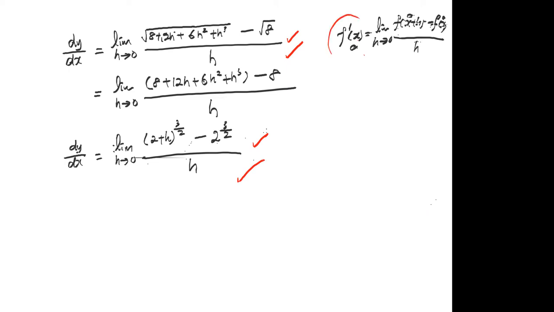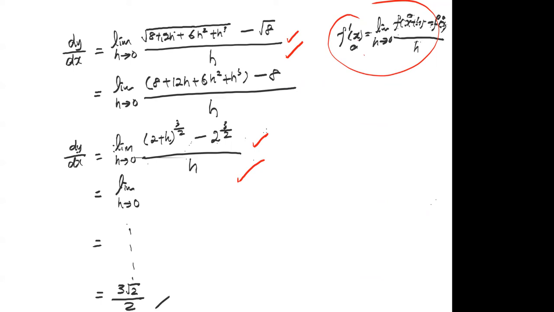Writing formula, no mark. Clear? And if you are using this, then you have to write limit all the way through. All must have limit. Then your final answer will be 3 root 2 over 2.